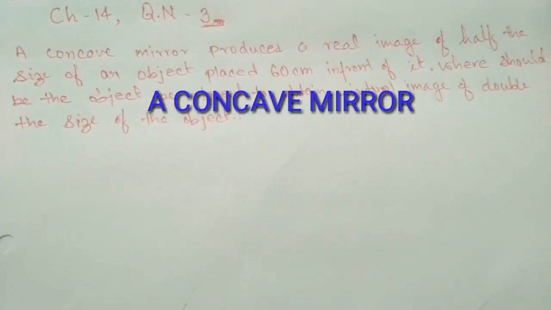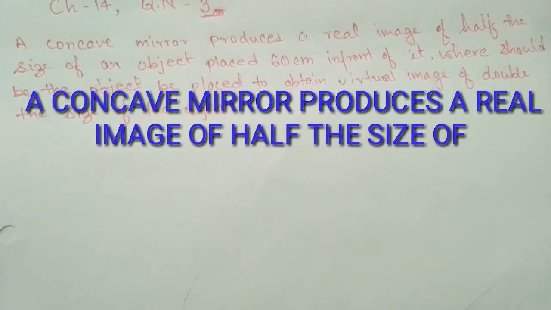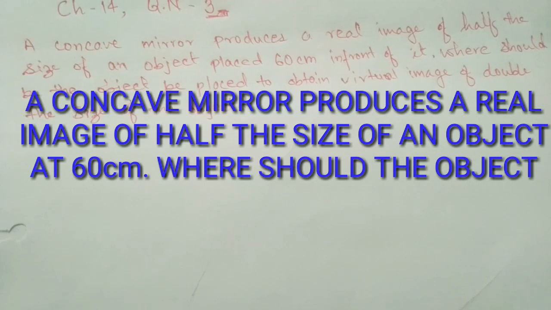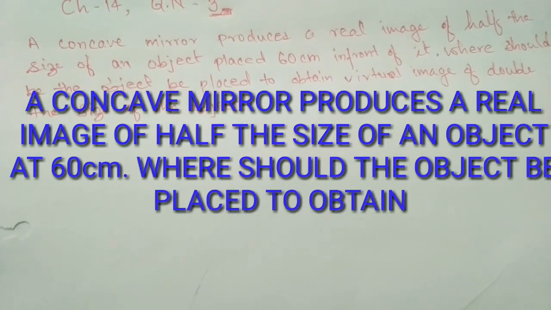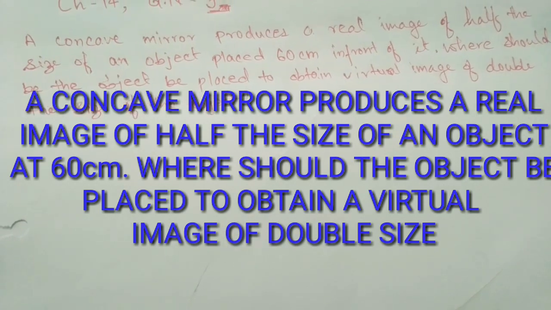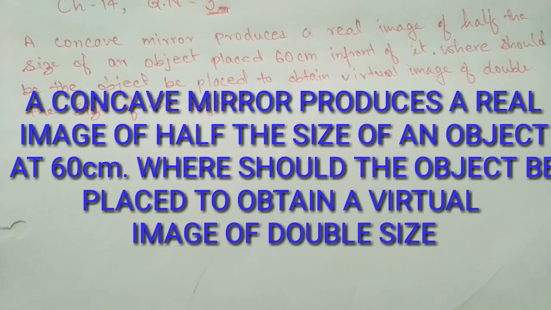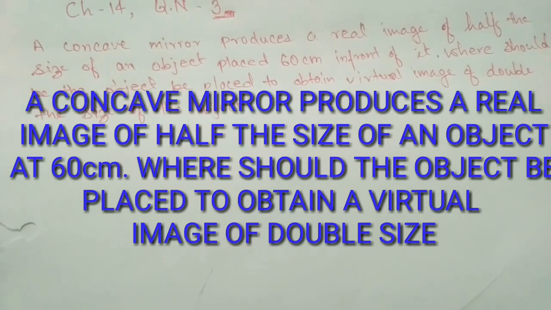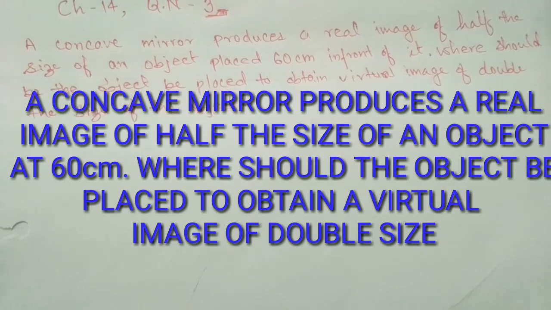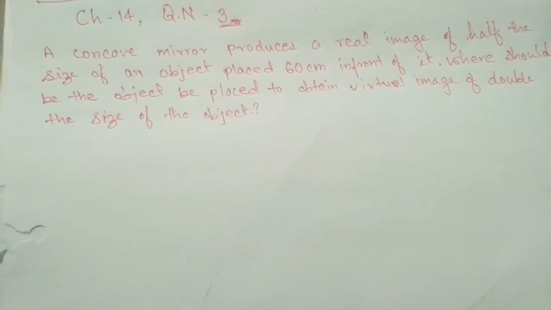The question is, a convex mirror produces a real image of half the size of an object placed 60 centimeter in front of it. Where should the object be placed to obtain a virtual image of double the size of the object? Means first it is producing a half size image when it is at 60 centimeter. Now we want to change the position of the object in such a way to get a virtual and double size image.